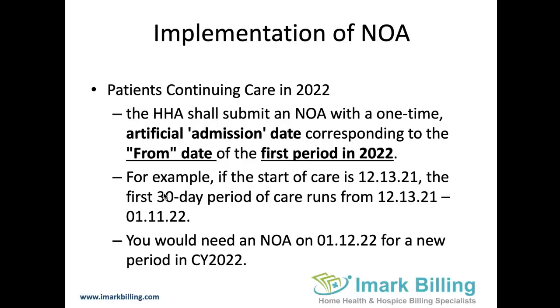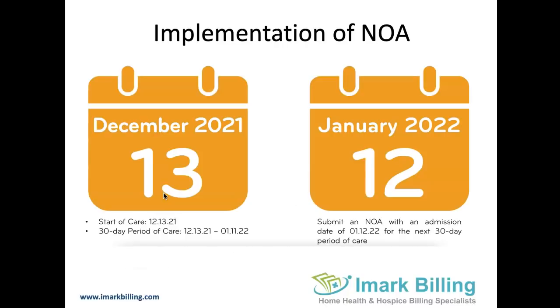So what do we need to do? We're going to need to bill an NOA on 1/12/22, for the new period that starts in January of 2022. Here is a visual version of this.